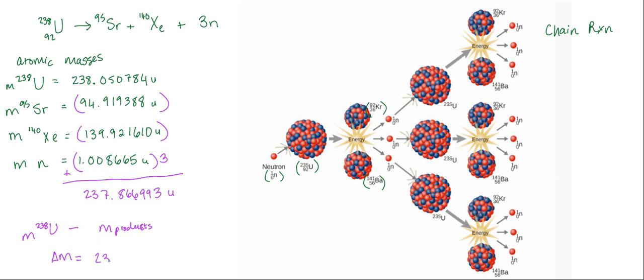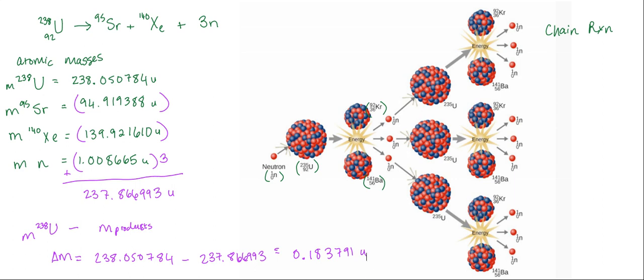So I'm going to do 238.050784 minus 237.866993, and what I end up getting is this value, 0.183791 unified atomic mass units.